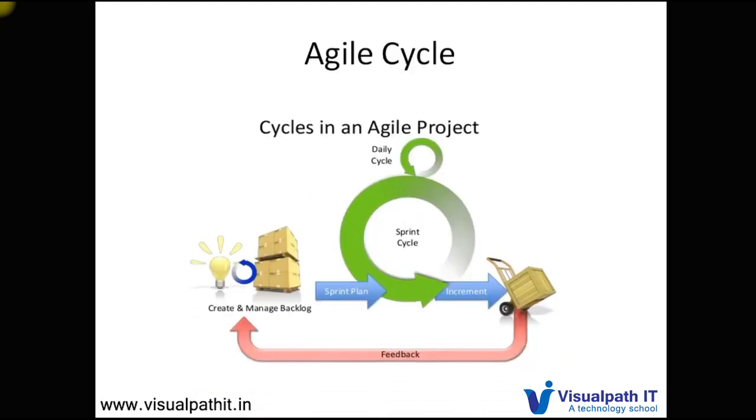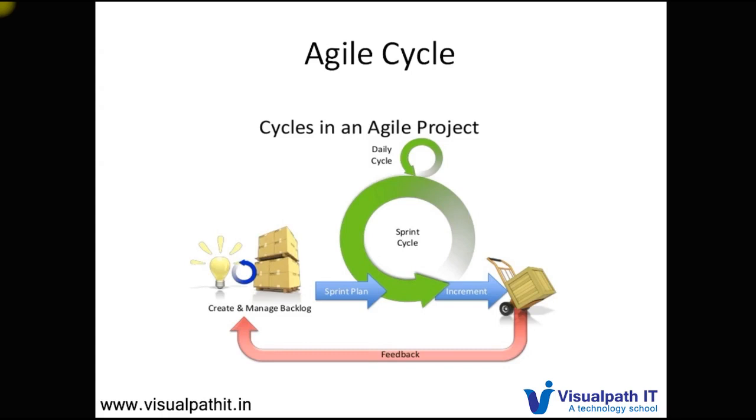This is how a simple Agile cycle looks. Consider we have many requirements in the backlog. If we go for all the requirements in one go, it is going to take a long time, because first we need to plan out all the requirements, brainstorm on all of them, and then come to planning.